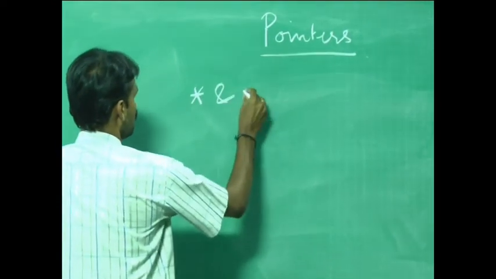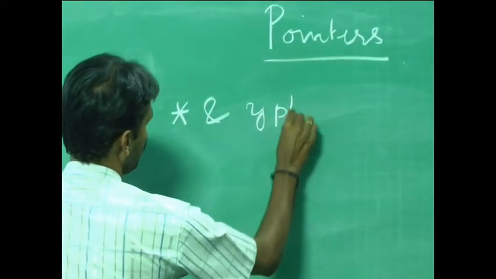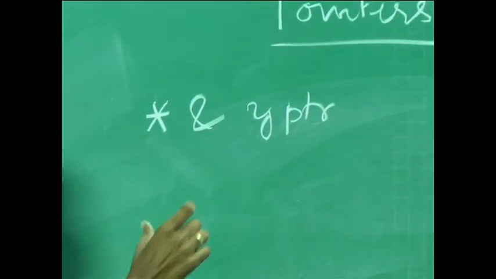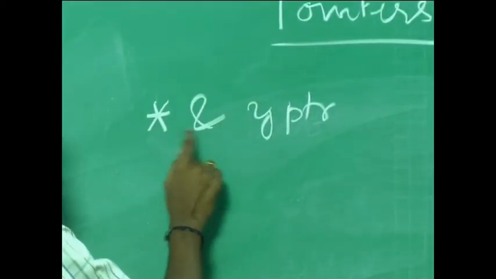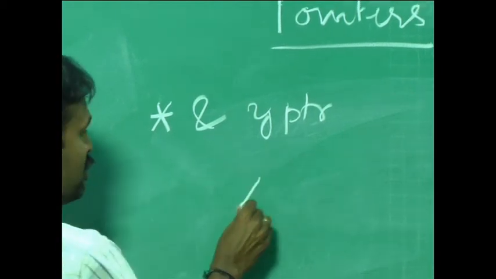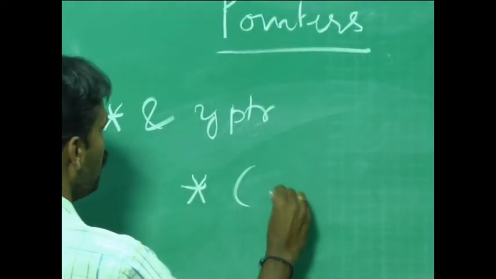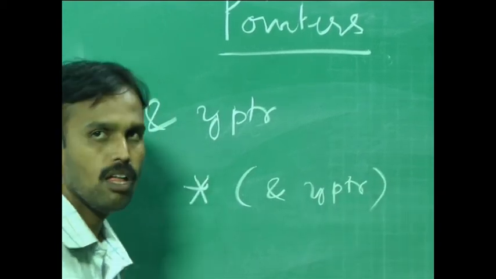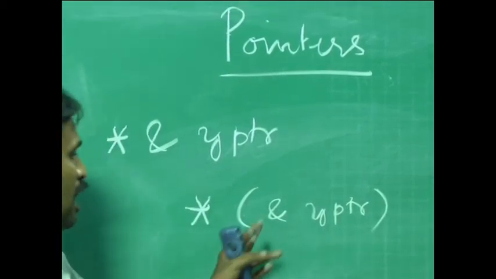This is for yptr. We know that yptr is a pointer variable that we had declared, and we are trying to make use of these two operators together. Let us see what happens. This can be written as asterisk along with address of yptr. What is going to be in this entire thing?